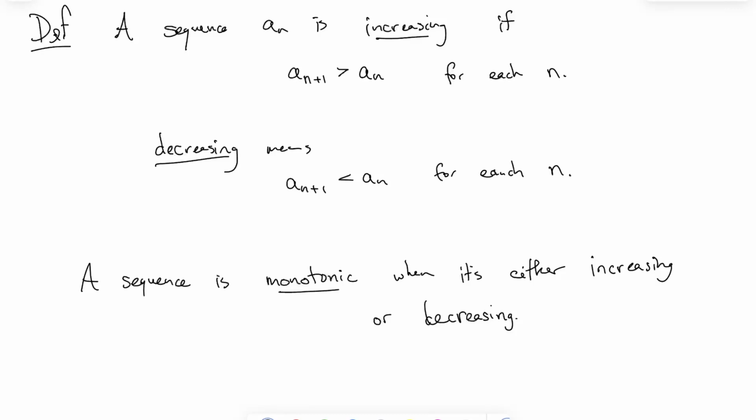In ordinary language, when you say someone's voice is monotone, it means everything they say sounds the same. In mathematics, monotone usually means the thing always does the same thing. Either it always gets bigger every time, which means increasing, or it always gets smaller every time, which means decreasing. In either case, we call it monotonic.